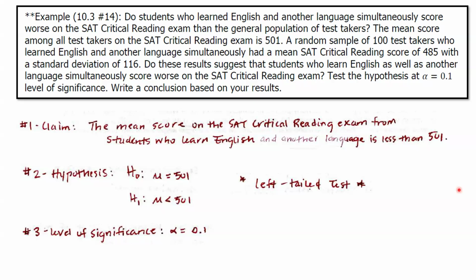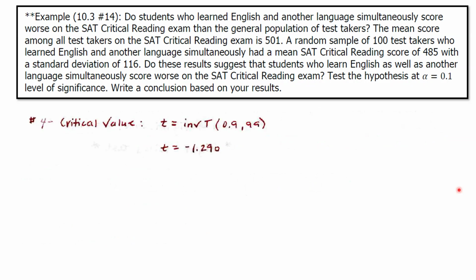Okay. So our next step is to find our critical value because we want to know that boundary for our rejection and not rejection region. So we will use the inverse t to find our critical value. Okay, so our area to the left is going to be 0.9. Okay, because alpha is always the area to the right.